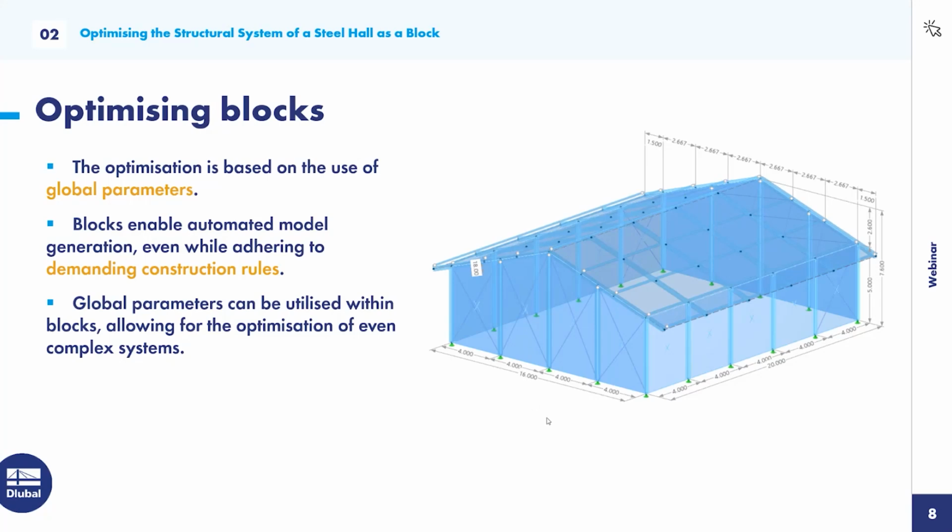So in the example today, we will not only optimize some small construction elements like you've seen before with the member, or maybe in the last webinar with more complicated members playing around with the geometry. We will try to give an idea what is possible with a more or less simplified real-life steel hall.